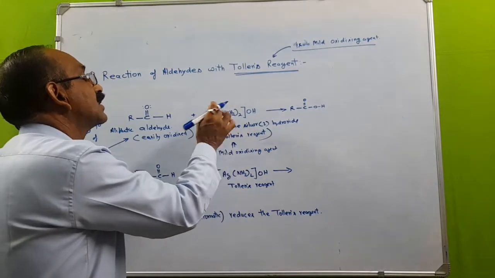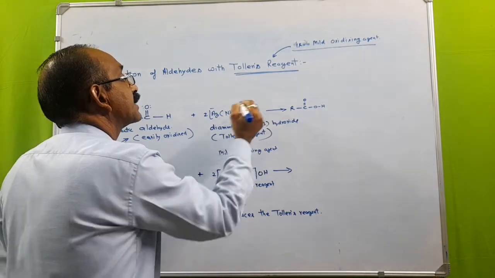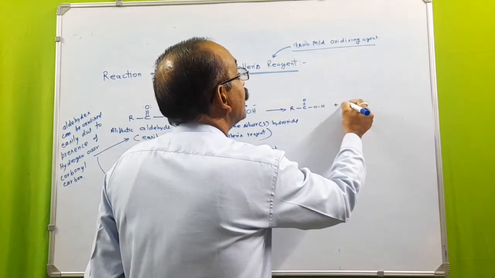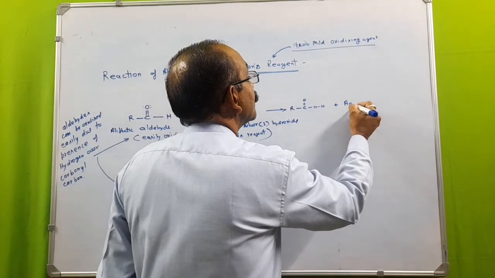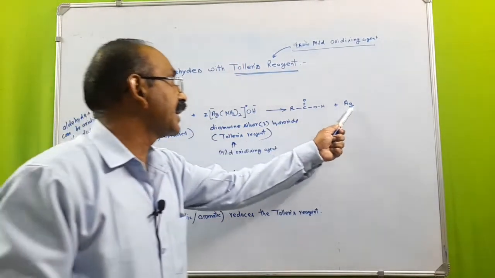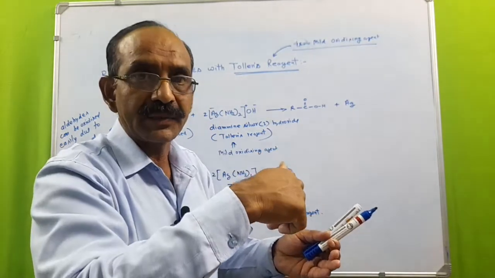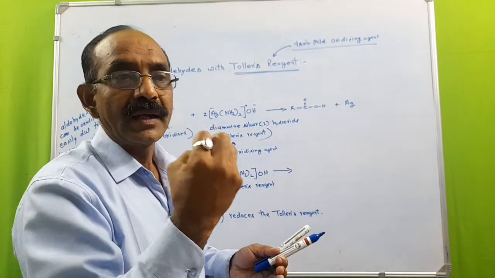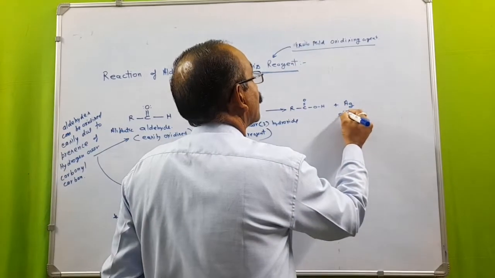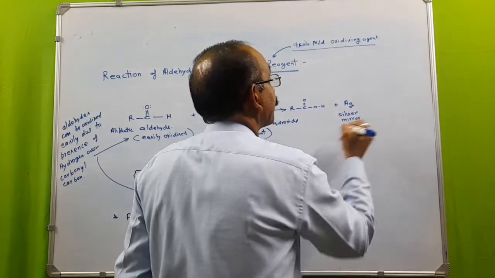Here the oxidation state of Ag is +1. Now this Ag will be reduced, and it will deposit over the inner wall of the test tube and shine like a mirror. This one is called silver mirror.